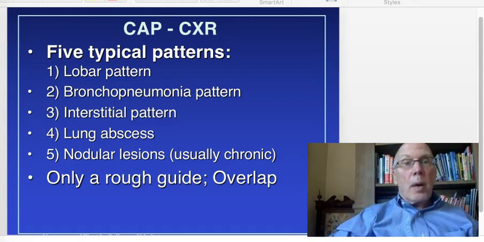One, a lobar pattern. Two, bronchopneumonia. Three, interstitial pattern. Four, lung abscesses. And five, nodular lesions, usually associated with chronic infections. It should be emphasized that this is only a rough guide, and there is overlap between the different patterns.